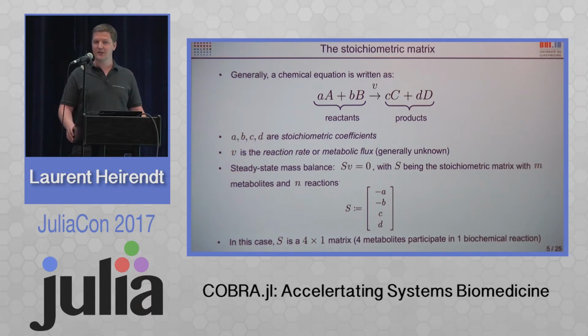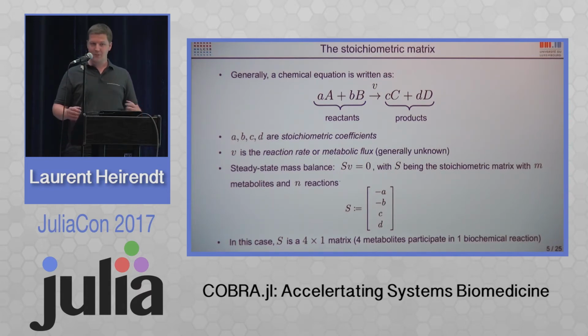They are called the reactants, and they give us generally more than one product. In this example, it would be C and D. Now, the small letters, the quantities, are called the stoichiometric coefficients. And this reaction, be it in engineering, biochemistry, or biology, happens at a certain reaction rate, small v.